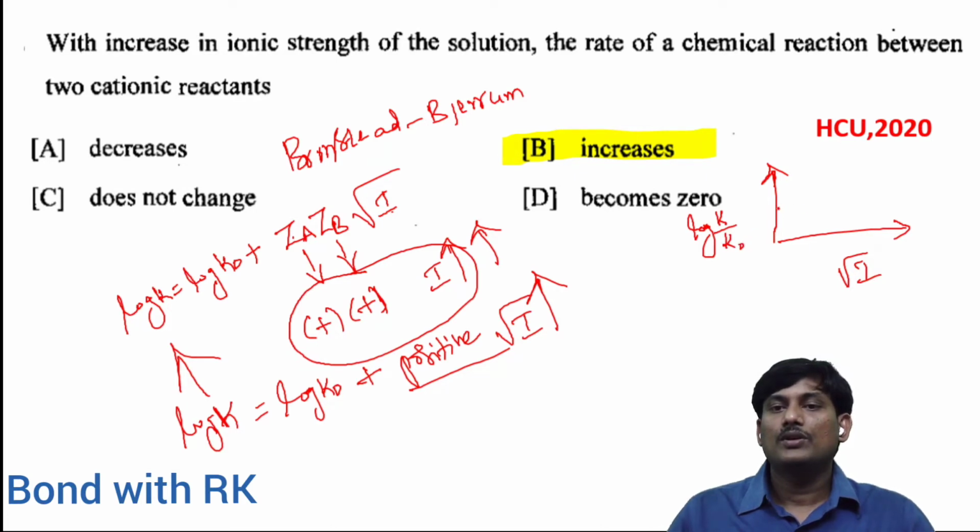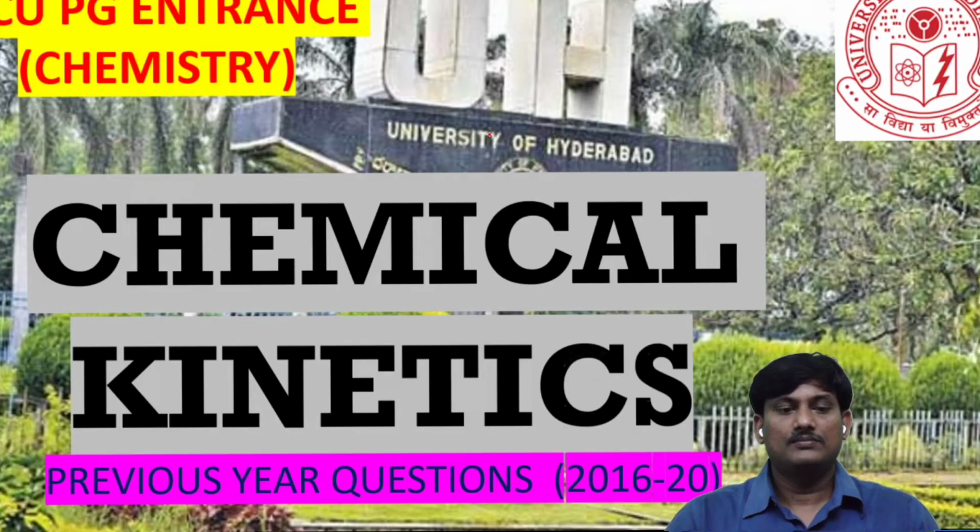When one of the reactant species is neutral, when Z is equal to 0, this is the line you will get. Suppose when ZA and ZB are both positive, or when ZA and ZB both are negative, then this is the line you will get.